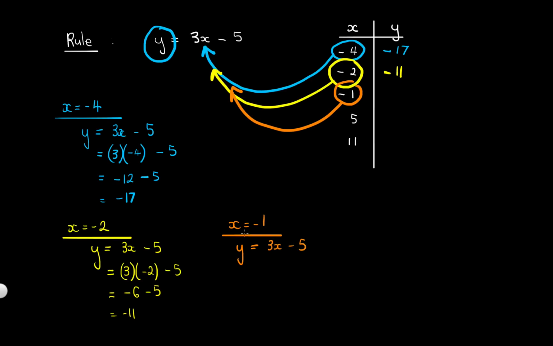This time x equals -1. So we replace or substitute the x value for -1. Remember, 3x is 3 times x. That's 3 times -1 minus 5 on the end. So 3 times -1 is -3. Minus 5, and that equals -8.